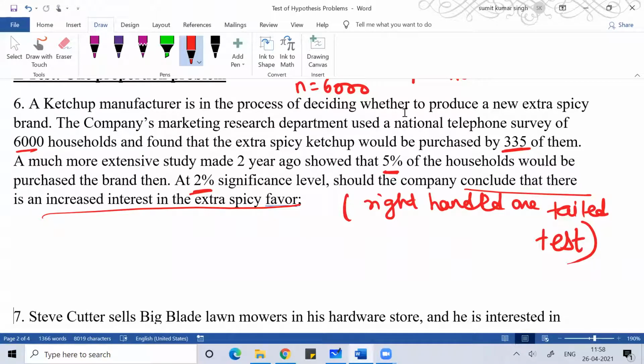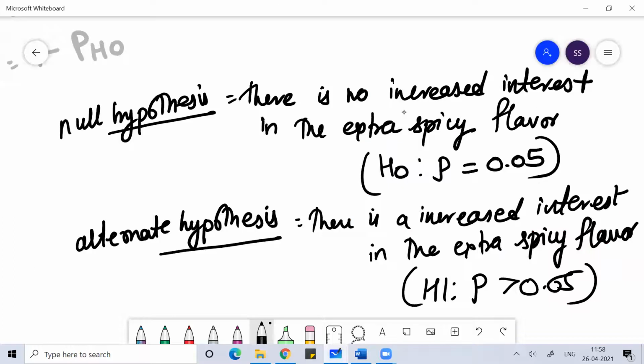Two years before, the demand was only 5%, that is, only 5% of people liked extra spicy flavor. They want to know if there's an increase in demand, then probably they will manufacture the new product. For that only we are doing a test of hypothesis.